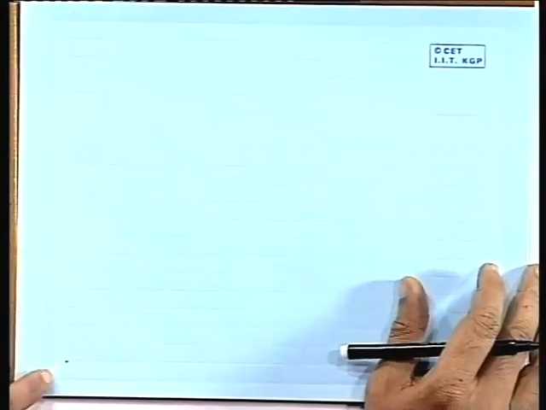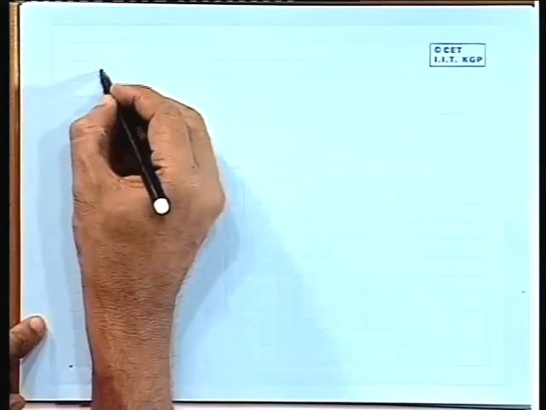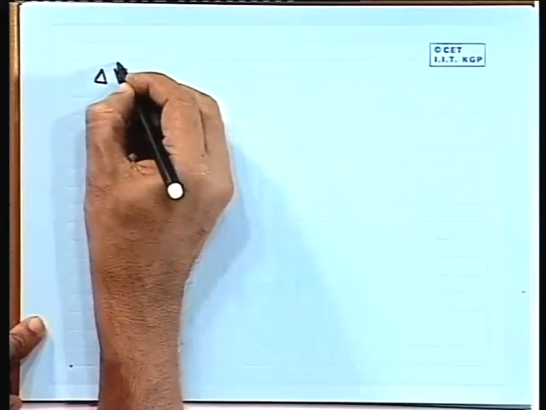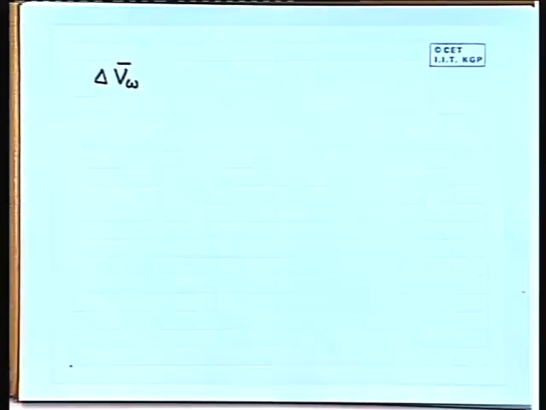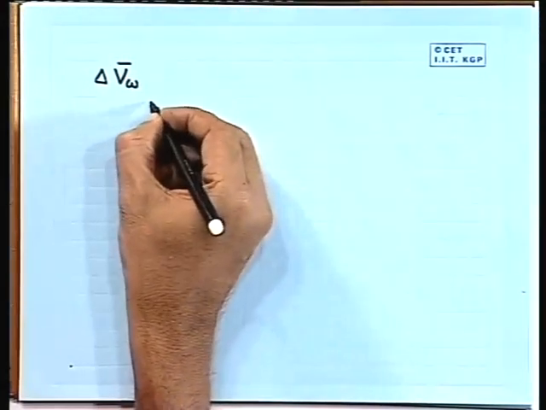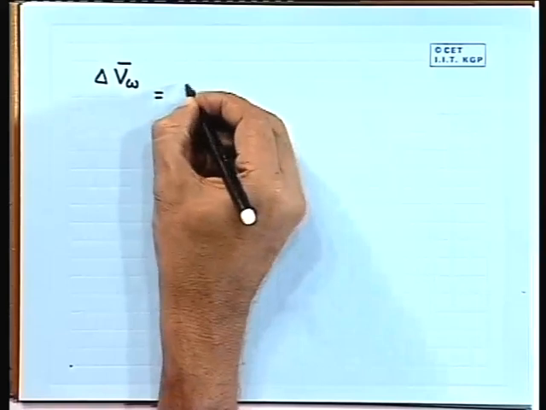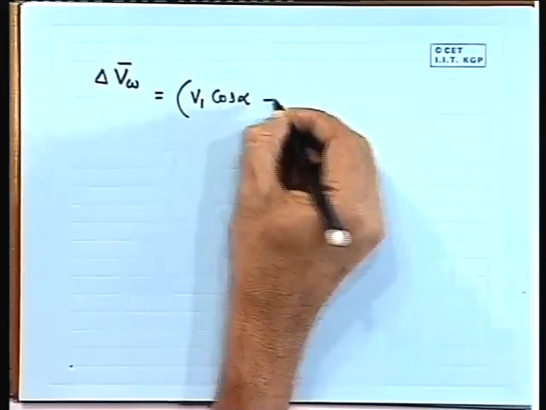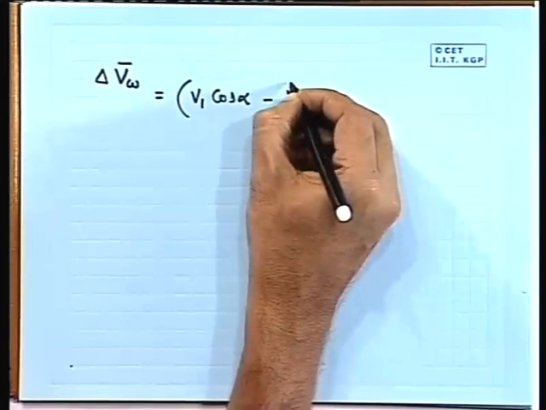Well, once we have introduced this Kb, what we can do? We can write delta V omega. This is a vector quantity, it has got a direction. So, this quantity can be written like this: V1 cos of alpha minus Vb.